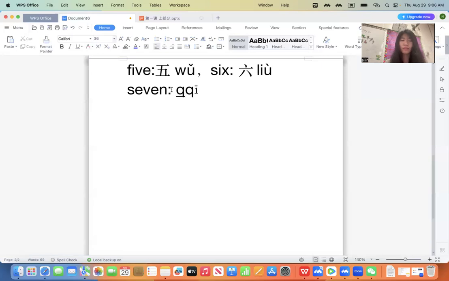Let's write the character for 7. And this is the gesture for 7. It's basically your three fingers, your thumb, index, and middle fingers, held together. If in China you show this to people, they will understand 7.